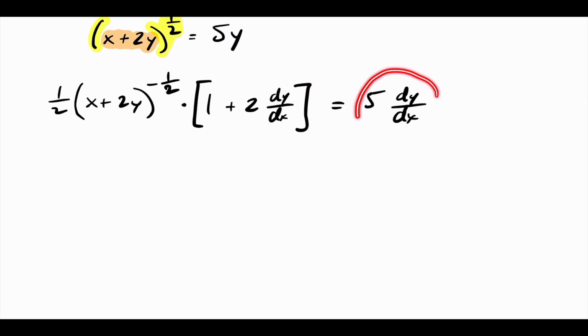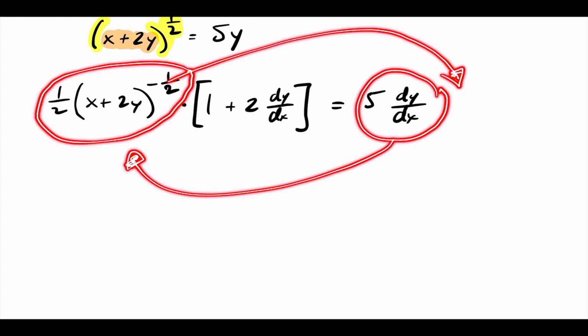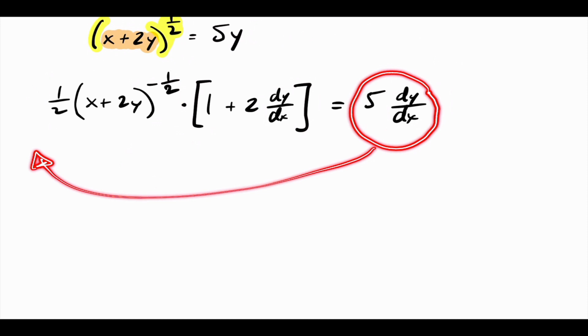And then this stuff does. So I definitely want to move this stuff over here, and I want to move this stuff over here. But I have to do it mathematically correct. I can't just add or subtract or multiply or divide. So this guy over here, if I want to get this guy over there, I just need to subtract.